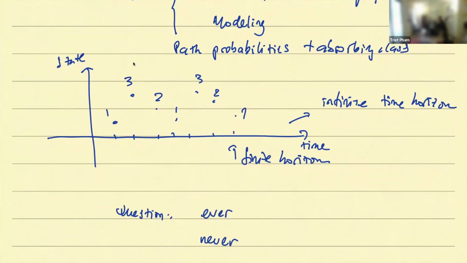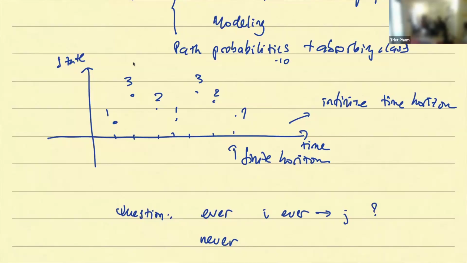For example, let's say you start at state 1. Will you ever visit, let's say, state 10, at all?